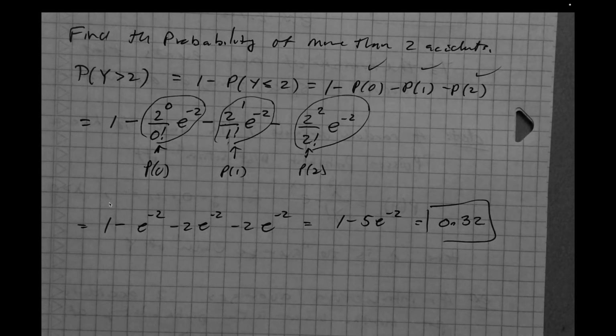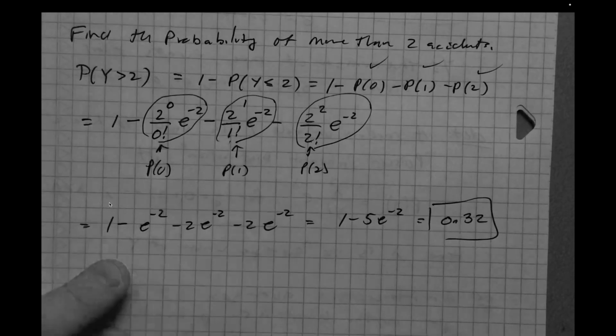Very cool. So this has been an example of using the Poisson distribution to describe the number of events occurring over an interval of time. What about using the Poisson distribution over an interval of space? This next example addresses that, and it is taken from the textbook.